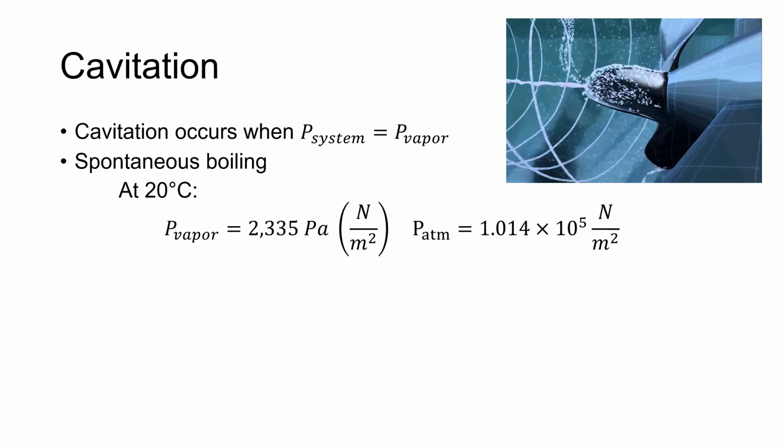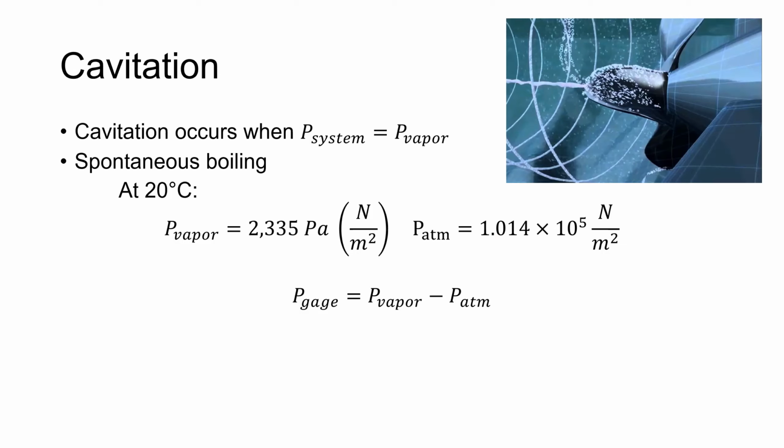So we don't like that, and it can eventually degrade your system and corrode it and break it apart. So at 20 degrees Celsius, the vapor pressure of water is equal to about 2,300 pascals. And atmospheric pressure is over 10,000 pascals, right? So it's a really big difference here. And so you have some room for negative gauge pressure, right? It's okay that you might have some negative gauge pressure in a system as long as it doesn't get down to that vapor pressure.